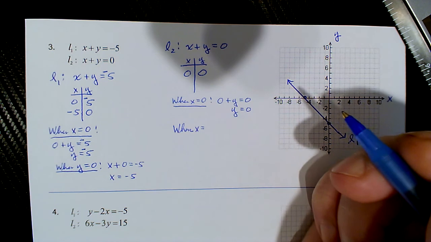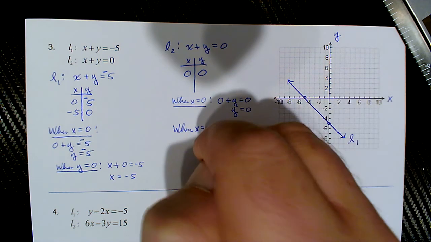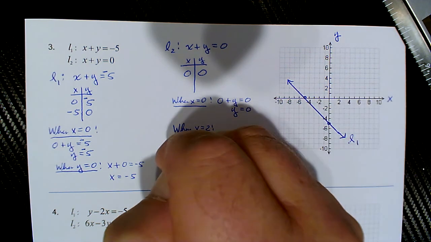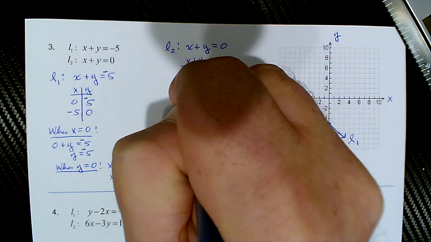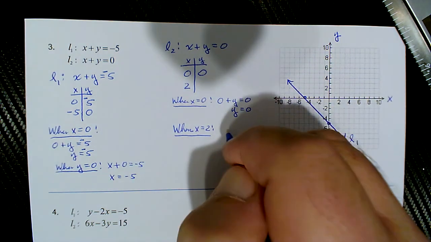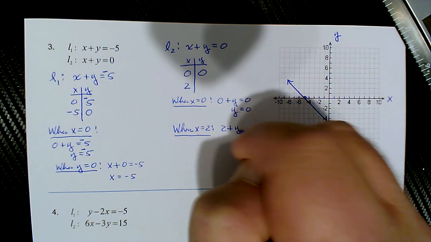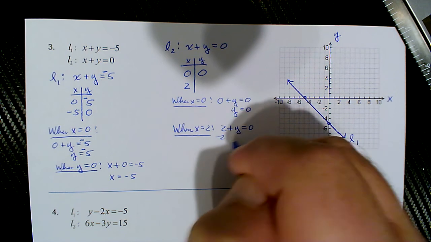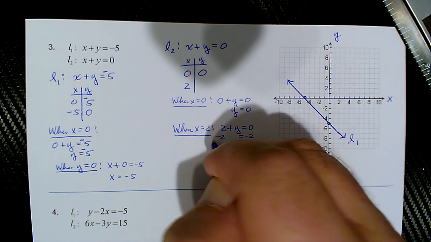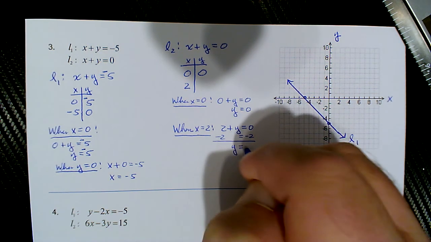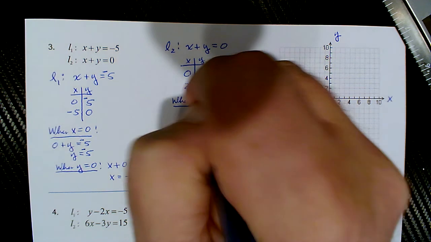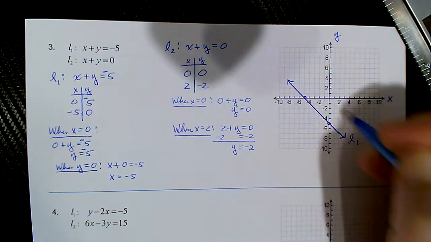So therefore, we'll have to pick a different value of either x or y. I'm going to go with x. And I'm going to say 2. Again, it doesn't matter. I'm just creating a table of ordered pairs. And then we have 2 plus y is 0, solving for y, subtracting 2 from both sides, we get y is negative 2.